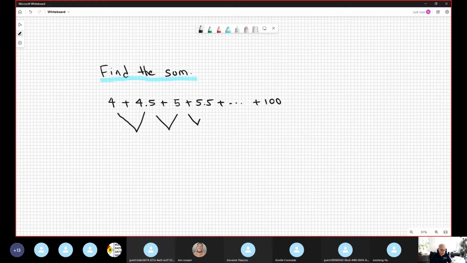Subtracting. 4.5 minus 4 is 0.5. 5 minus 4.5 is 0.5. 5.5 minus 5 is 0.5. The common difference is 0.5. Okay? And they want you to find the summation. Summation sub m. In the formula you add the first, which is 4. You add the last, which is 100.